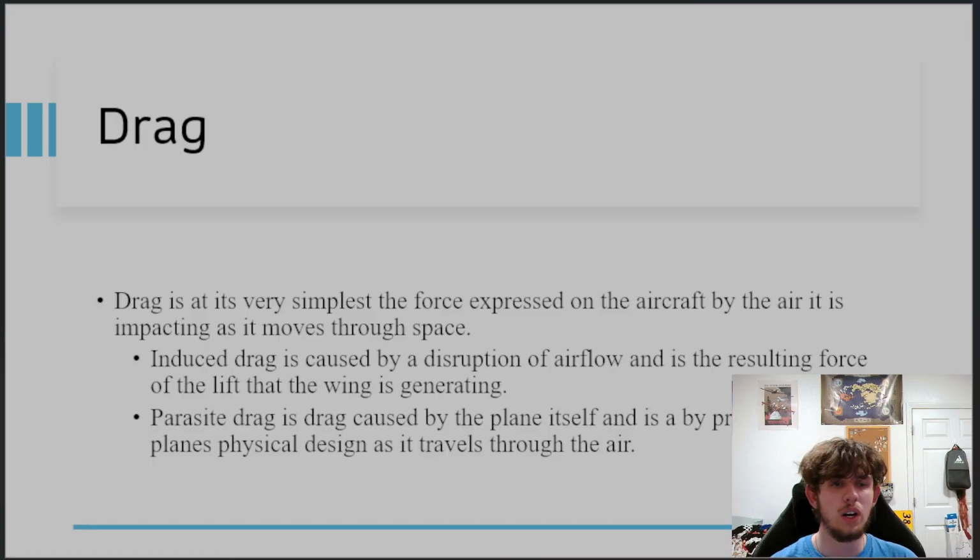It doesn't matter what plane it is, how well it's designed, it will generate drag of some kind in some way. Induced drag is caused by the disruption of airflow, where two differential pressures meet. Most of the time, this is in the form of wingtip vortices. And then parasitic drag is caused by the body of the plane itself, as a byproduct of the fact that an airplane is a physical thing that's traveling through the massive fluid dynamics that we call the air around us.